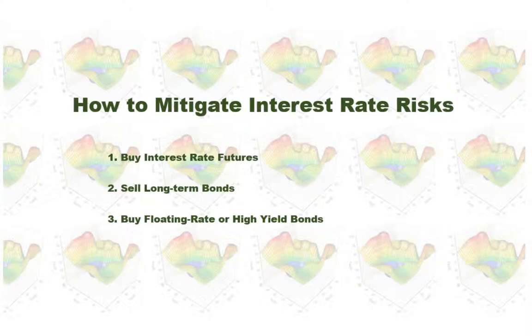Buy floating rate or high yield bonds. Many individual investors also hedge against rising rates by transitioning their portfolio from long-term to short-term bonds, like high-yield bonds or floating-rate bonds. The inverse of these strategies can also be used to protect against falling interest rate environments.